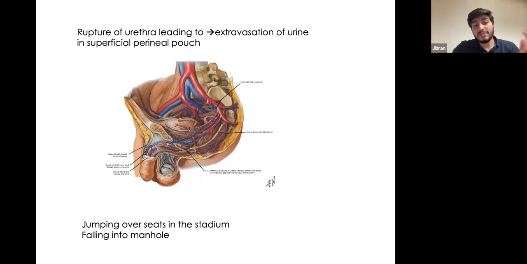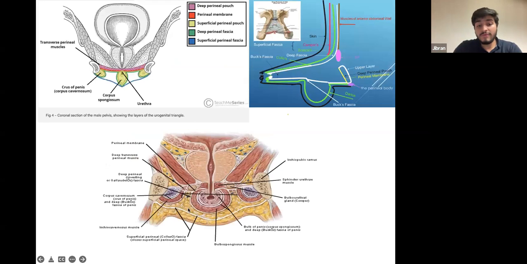Why is this important? Because it can cause damage to the urethra. When you have damage to the urethra, you have filling of urine between the deep and the superficial perineal fascia, also known as the Colles fascia and the Scarpa's fascia, so here basically. This is a very important clinical correlation I want you to understand.